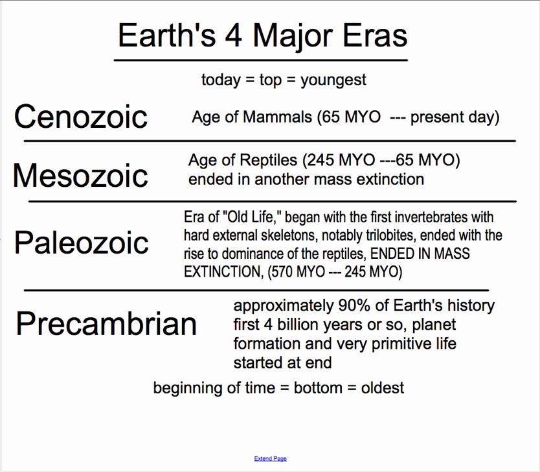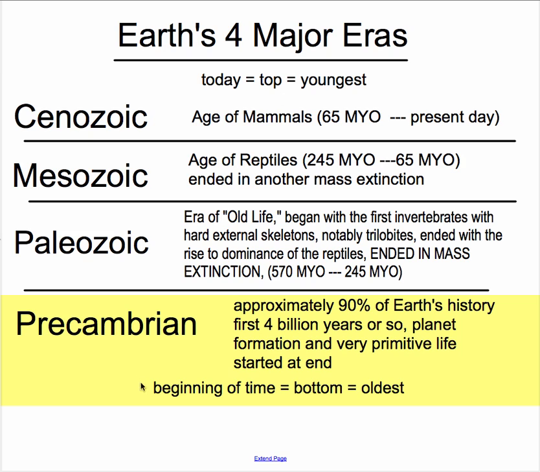All right, so the way this is set up is using the law of superposition. Precambrian is down on the bottom, so we're actually going to talk from the bottom of the page up to the top, because that's how the rocks get stacked up unless you mess them up. So up at the top, you'll see it says today equals top equals youngest. Whether we've taught you that part yet or not, here we go.